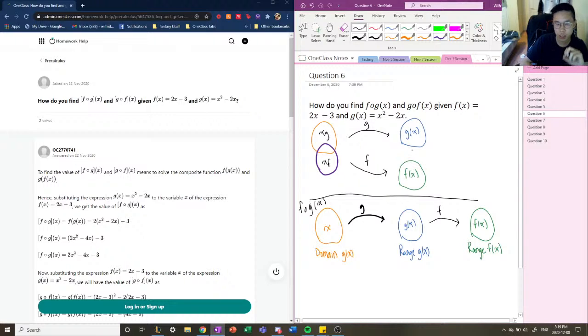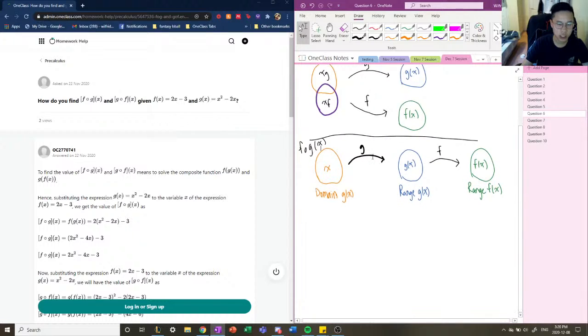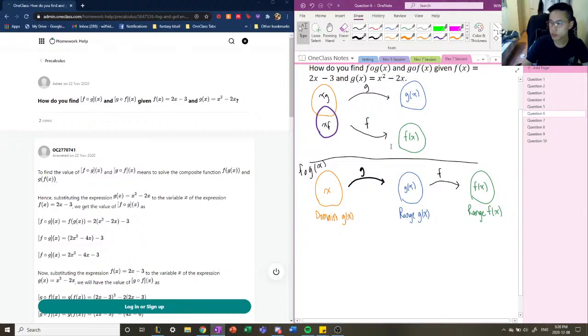Because sometimes your function g may produce values that do not fit into the domain of f, and because of that, they have to be excluded from the pool of values for the domain of f of g. Okay, but that's super complicated stuff. In this case, we have polynomial functions, so we're just going to assume that everything is up for grabs here. Okay. So let's calculate f of g, and then let's calculate g of f.